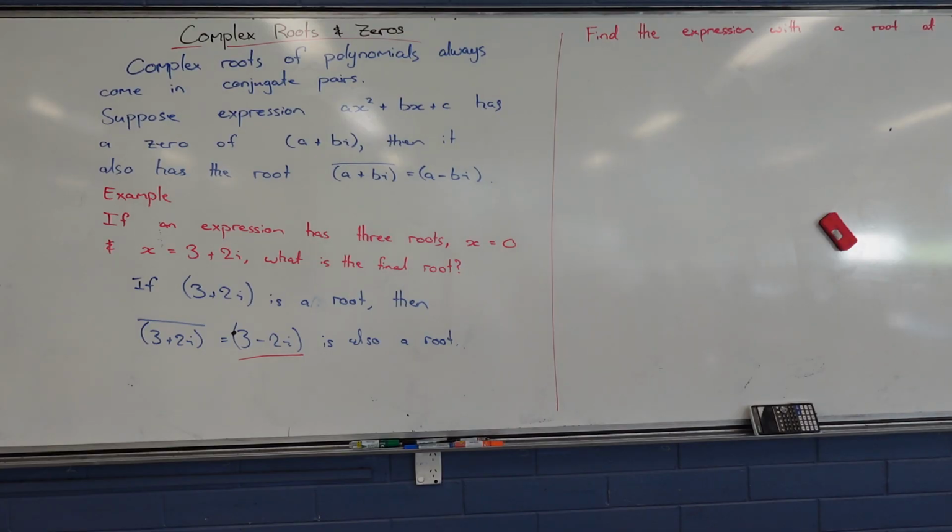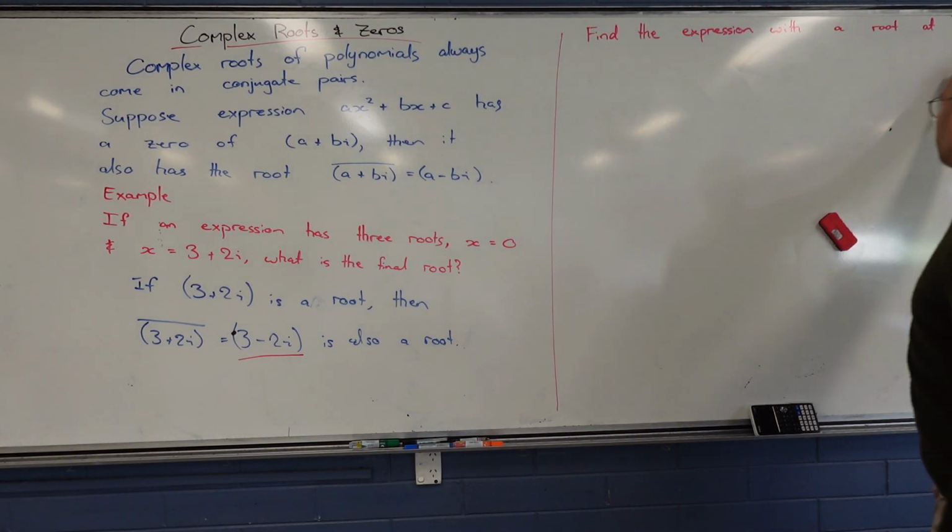Okay, so let's do something a little bit trickier. Find the expression with a root at x equals 2 minus 4i. Our root is going to be here, and the other is 2 plus 4i. If we know that one of the roots is complex, then it must have how many roots at least? 2 roots.